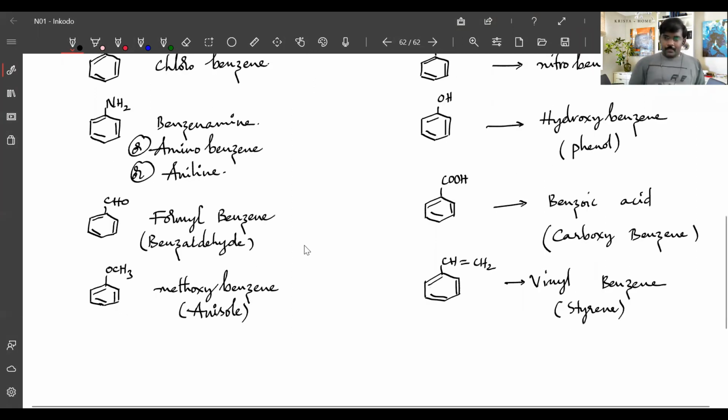Next, similarly, on the benzene ring you can attach SO3H, that is the sulfonic acid group, so you can call it benzene sulfonic acid.